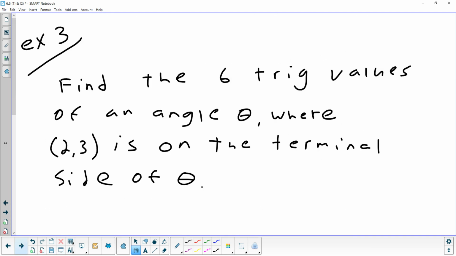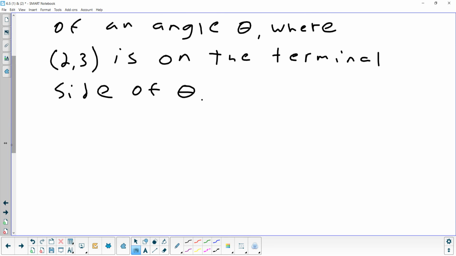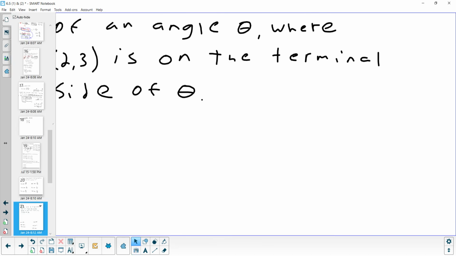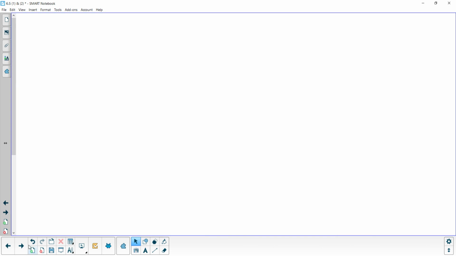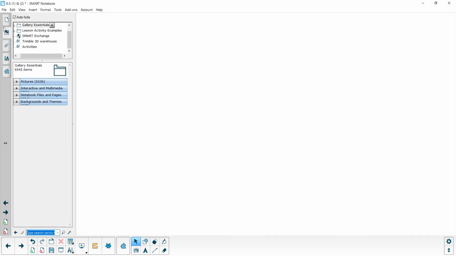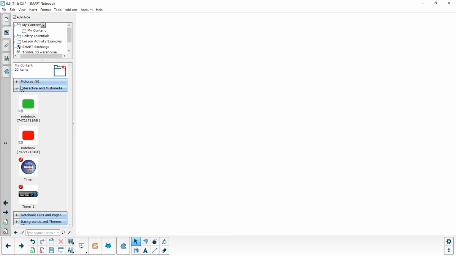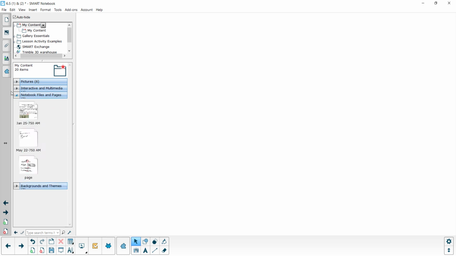All right, so it says find the 6 trig values of the coordinate 2, 3. So if you're not sure if 2, 3 is on the unit circle, and you're like, well, wait, should I use the formulas he taught us originally, or should I use the new ones? Well, use a piece of graph paper, which I have in here, and you could use on a test.